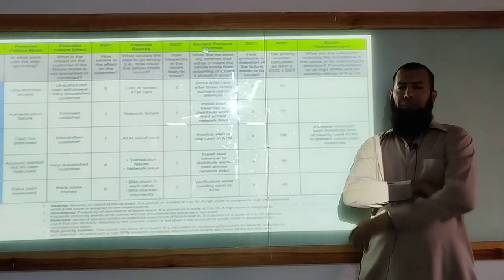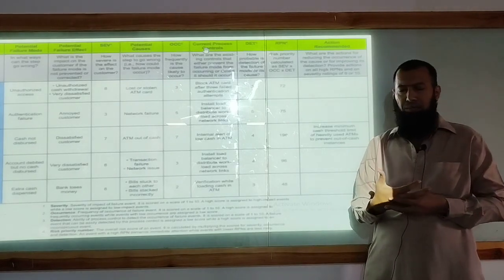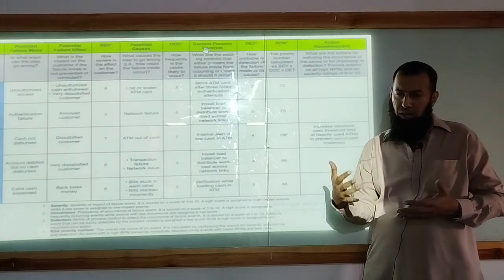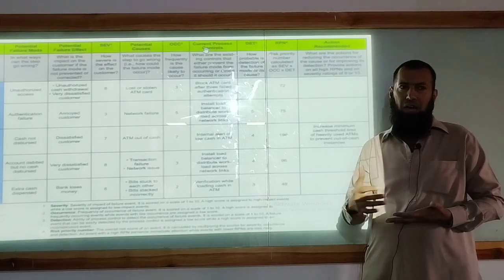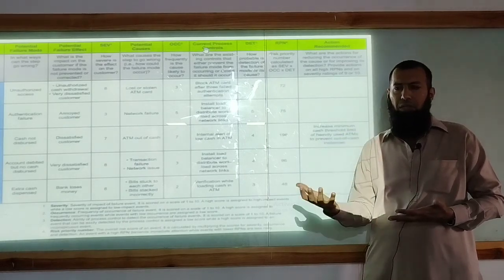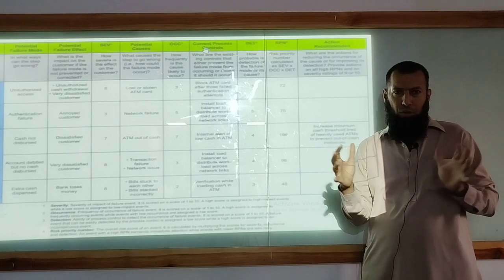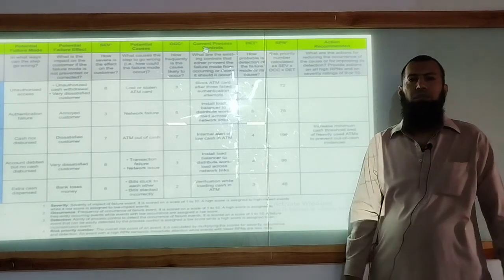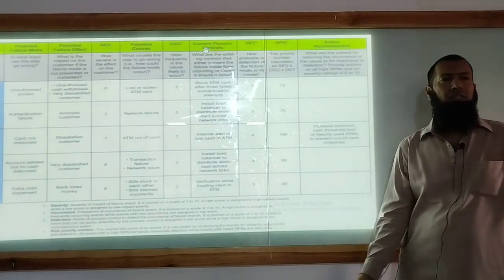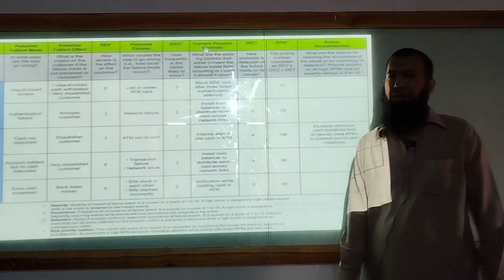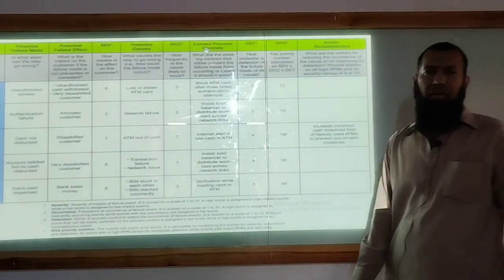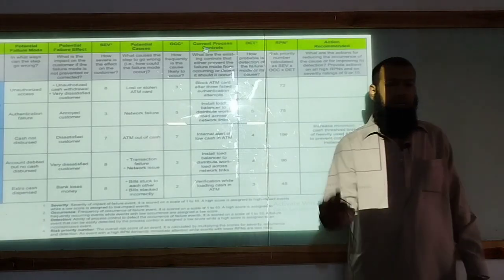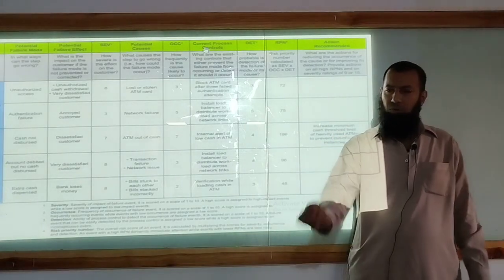Other headings can be compromised, the data can be compromised, but these three headings have so much importance. Why? Because you calculate them together. Severity, occurrence, detection. Why don't you note it down?